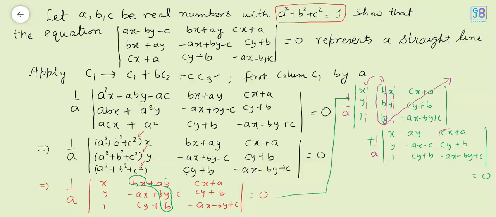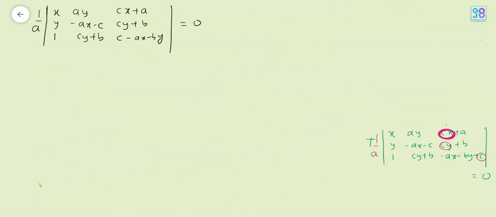So here also you will find we got a cx, we got a cy, and we got this c. So we'll split it similarly. So I'll just clear the board and then we'll complete that. So we'll do a similar splitting in this column now. So we would have this equals, and also we can get rid of this a by multiplying throughout by a.